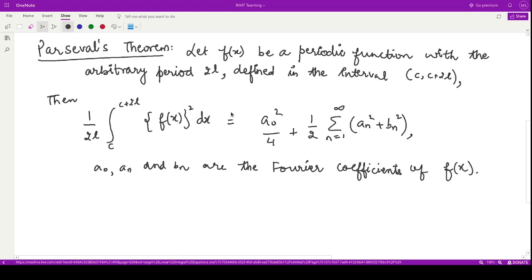So this is the famous Parseval's theorem.